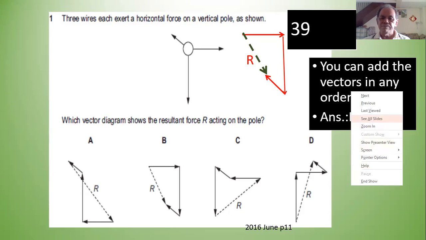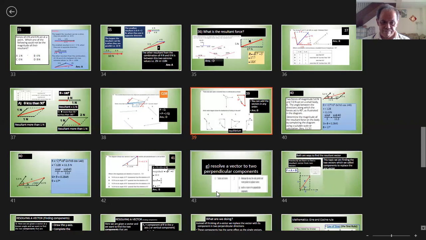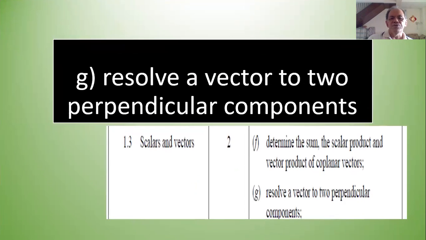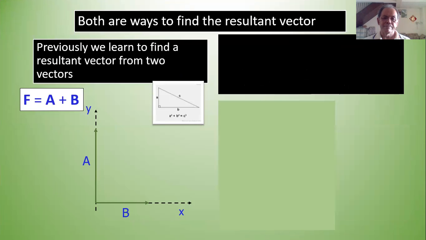Okay, let's finish off with G, resolving a vector into 2 perpendicular components. The previous method and this method are ways to find the resultant vector.